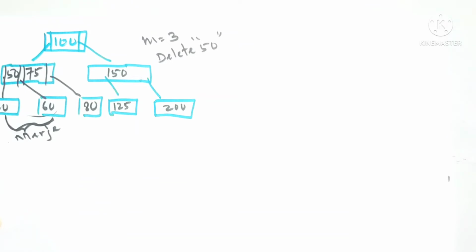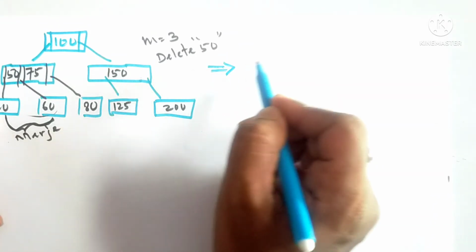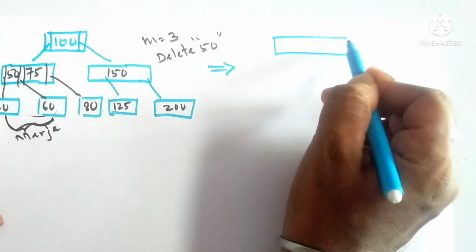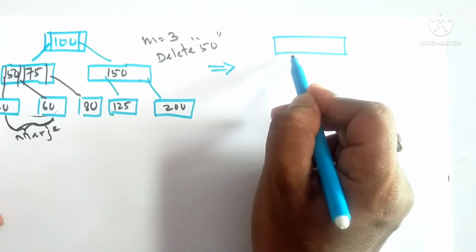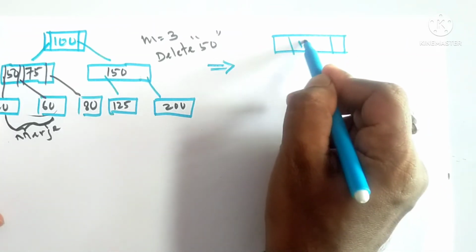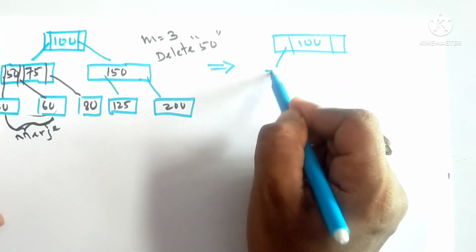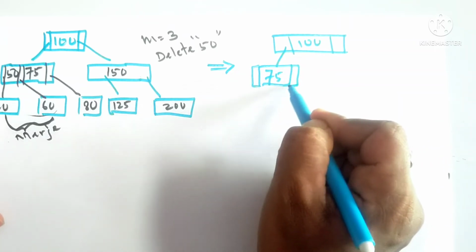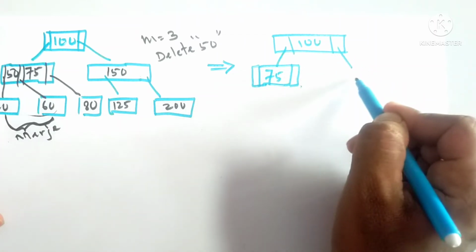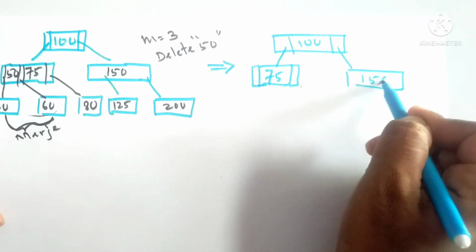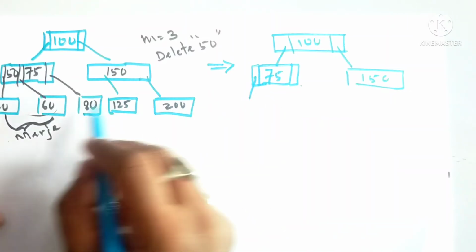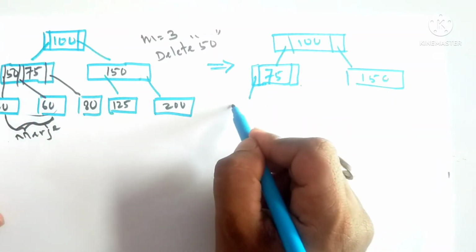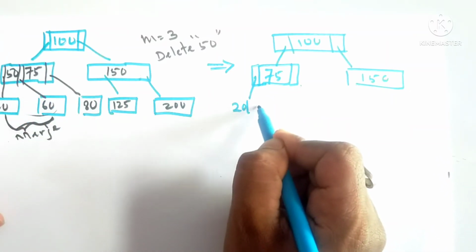If you go for the merging, then how will it look? So 100 will be here, its left value will be 75, and the right value is 150, and here 20 and 60 are merged.